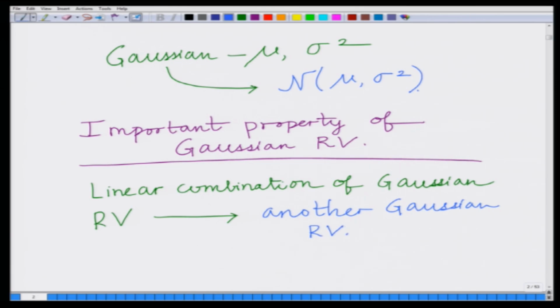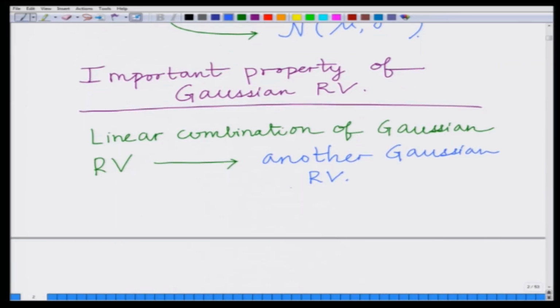That is, whenever I take a group of Gaussian random variables and consider a linear combination, a linear transformation of these Gaussian random variables, the resulting random variable is another Gaussian random variable. Therefore, a linear transformation of a bunch of Gaussian random variables results in another Gaussian random variable. This is a very important property of the Gaussian random variable. All right.